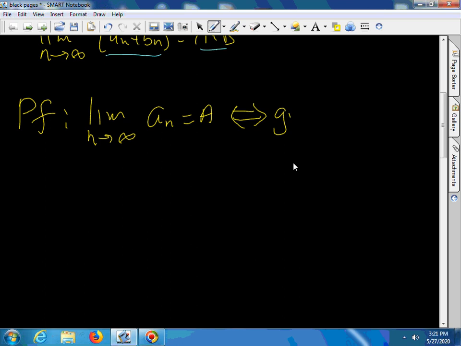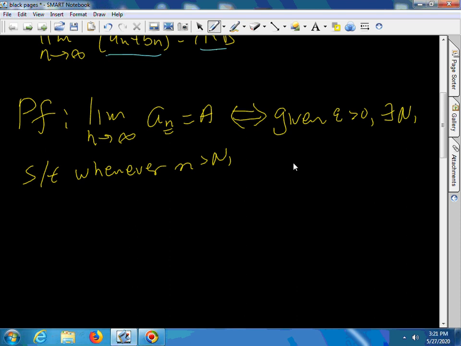This means that given epsilon greater than 0, there exists an N1 such that whenever the subscripts, little n's, are bigger than N1, we always have that the absolute value of a sub n minus a is less than epsilon.